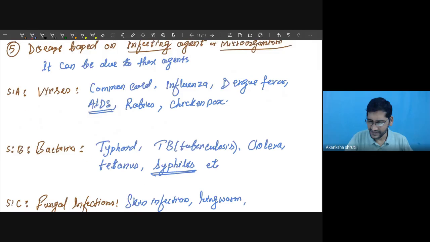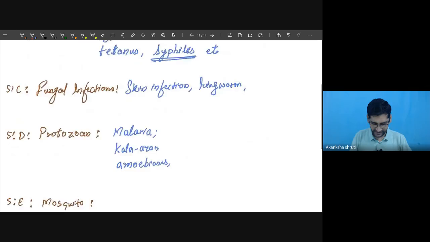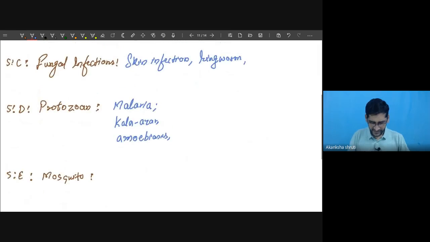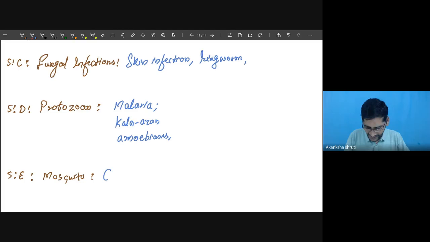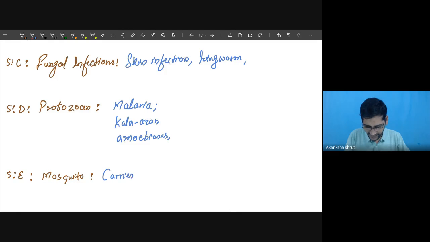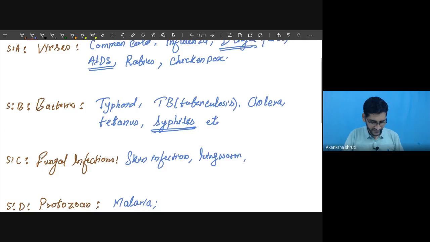See, here we have written dengue fever. Dengue is viral. So the dengue virus is carried by mosquito. Okay. So most of these mosquitoes are what? They are the carrier of the above pathogen.